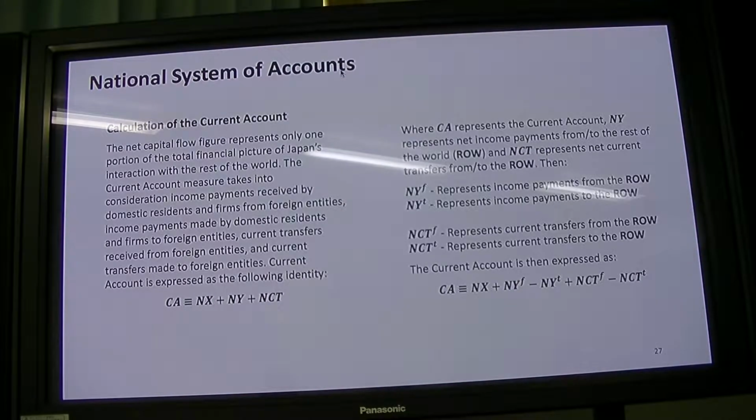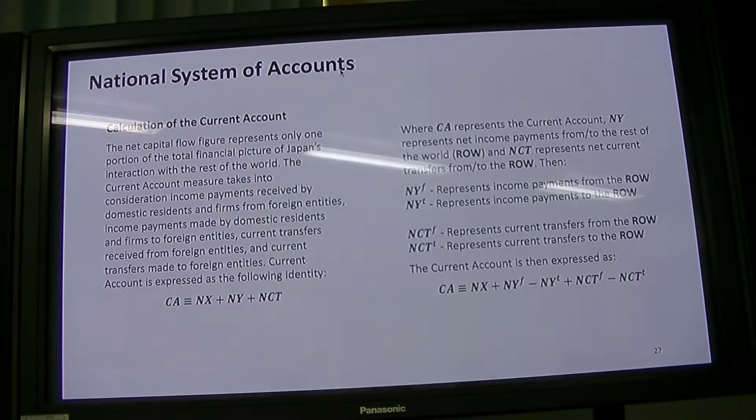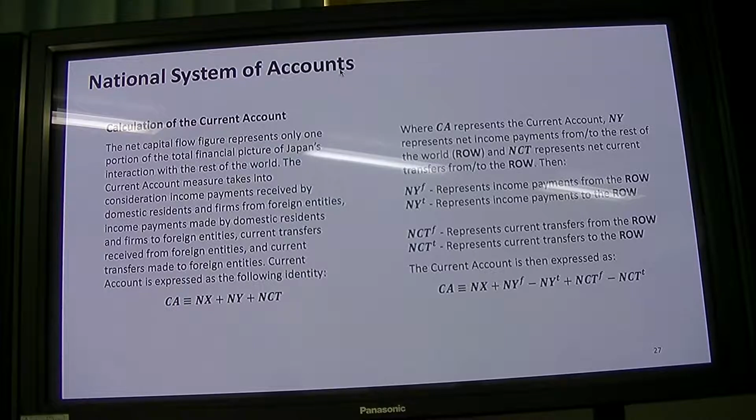And so each one of these describes flows. These are flows of goods. These are flows of investment.